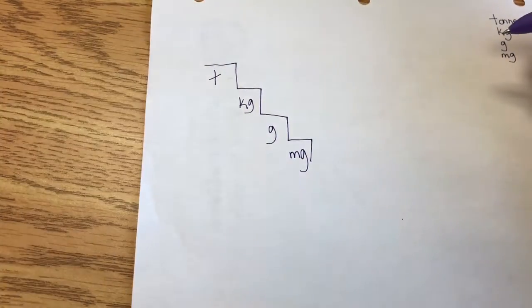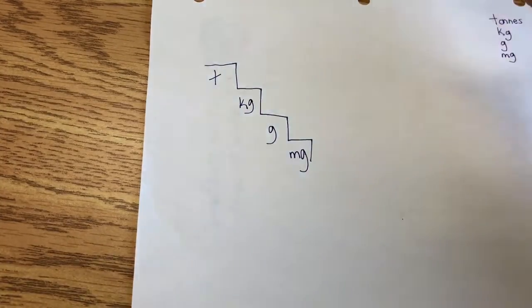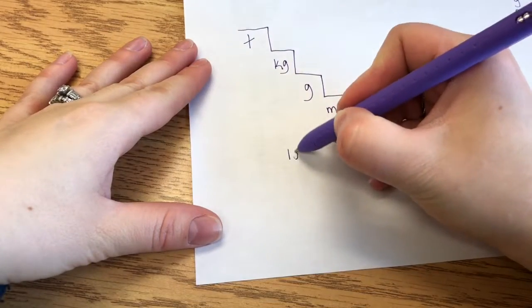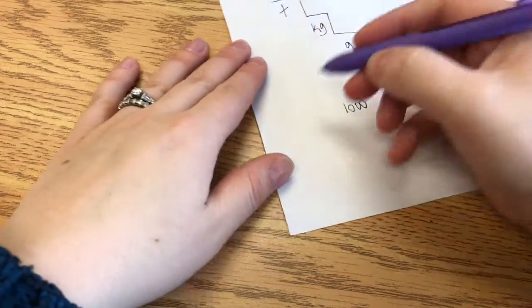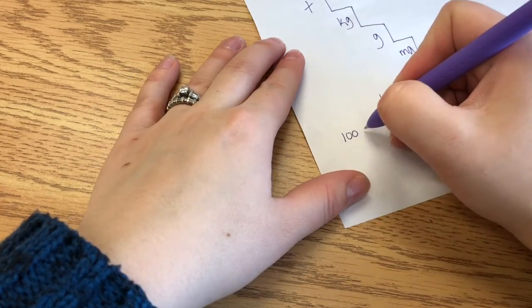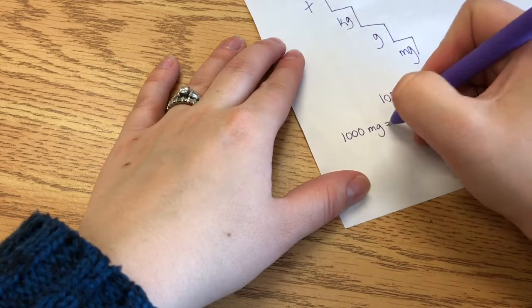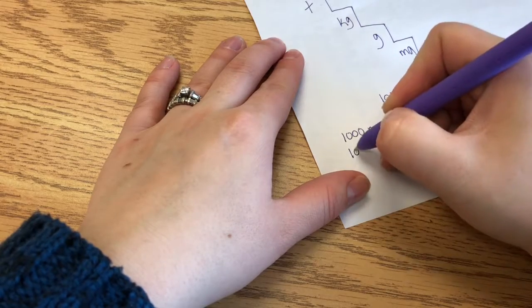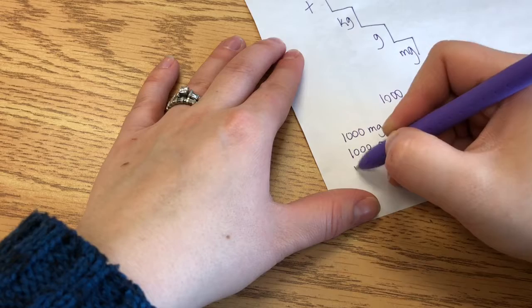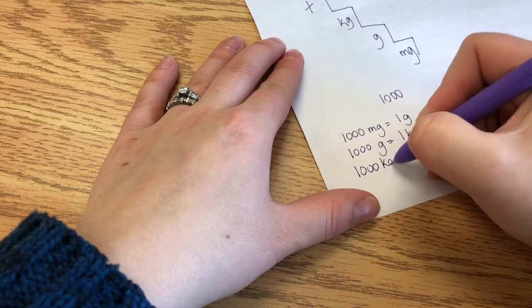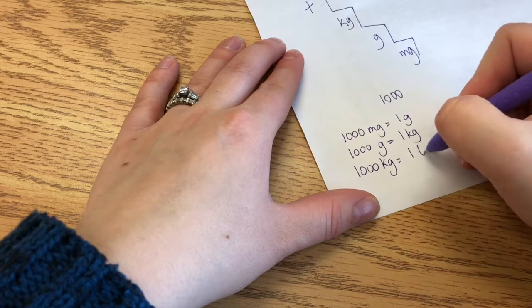But for this staircase, it's not multiples of 10 anymore. They're actually multiples of 1,000. So each step represents a difference of 1,000 because there are 1,000 milligrams in 1 gram, 1,000 grams in 1 kilogram, and 1,000 kilograms in 1 ton.